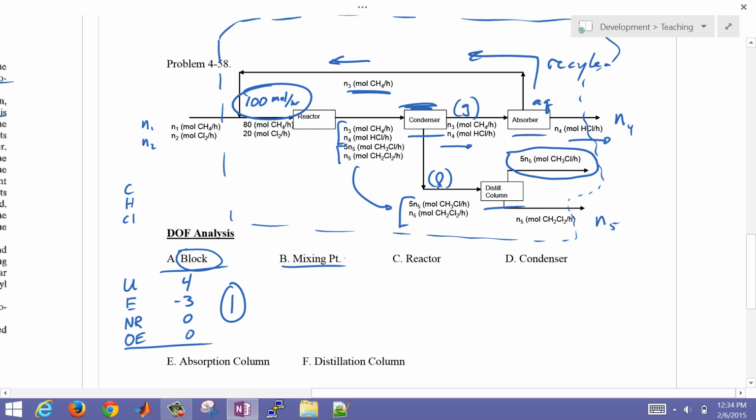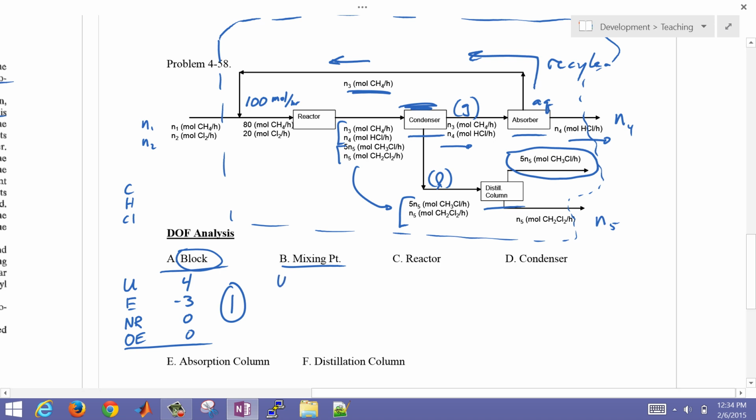Let's go with the mixing point, right here, where those streams are going to combine. This is not reacting, it's just mixing different species together, so let's do a species balance, not the elemental balance.